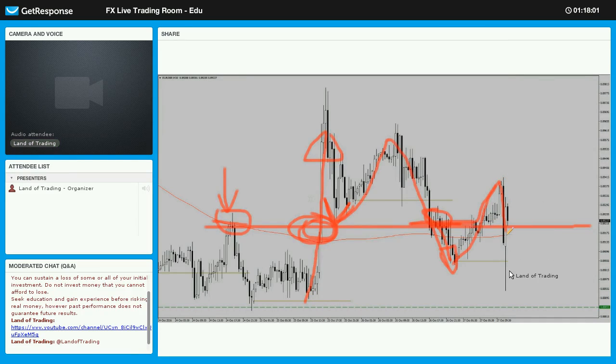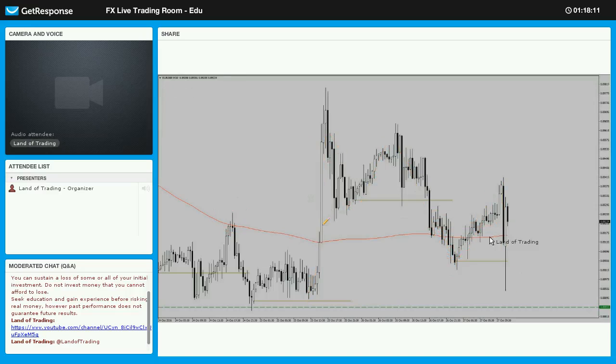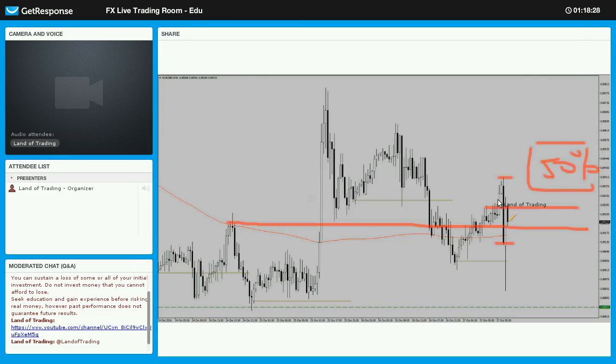So after the data, we spiked down, we removed demand, and what I did, I simply measured this candle, took 15% of that candle.